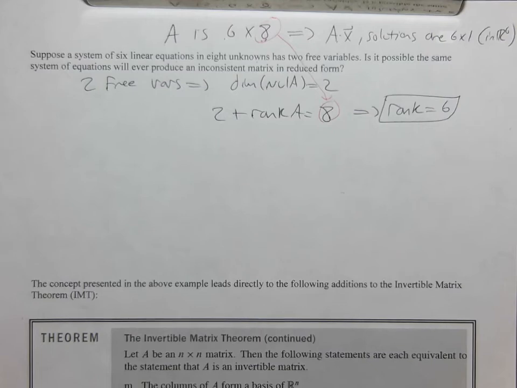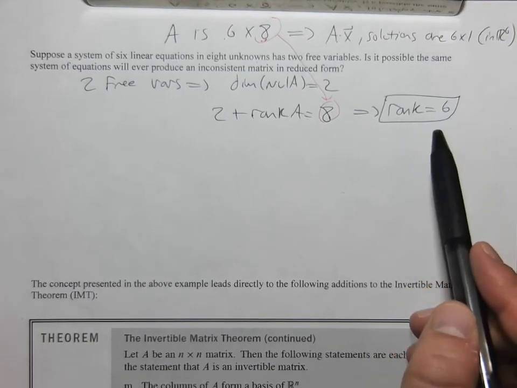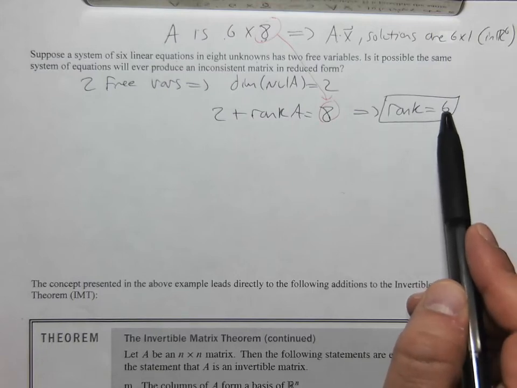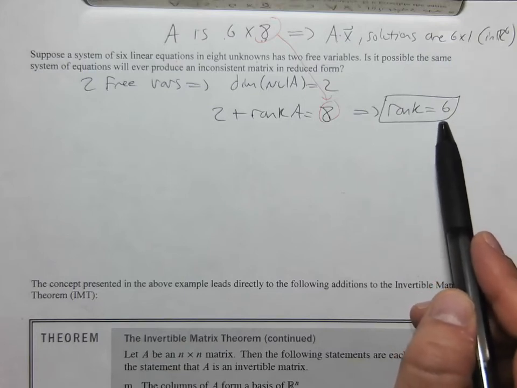That's helpful because this means that when we row reduce the matrix, it's going to have a pivot in 6 rows, right? In other words, the column space spans a six-dimensional subset of R6.